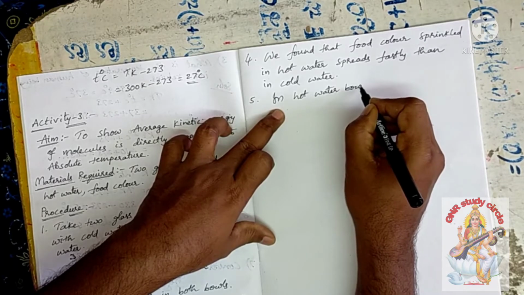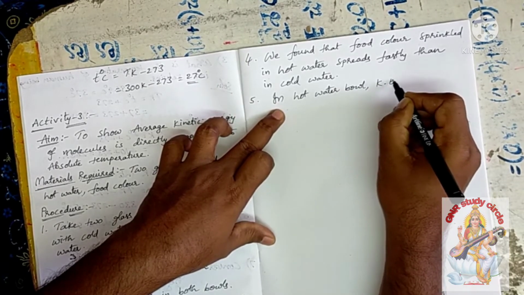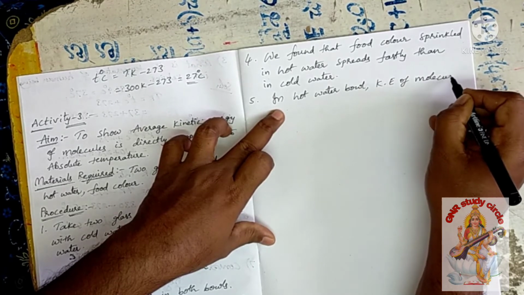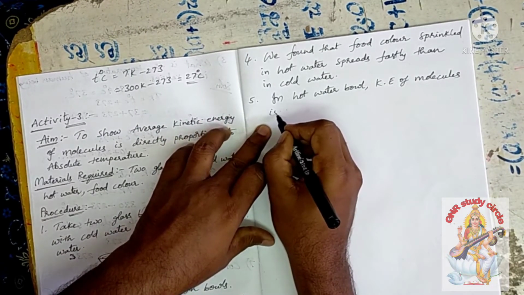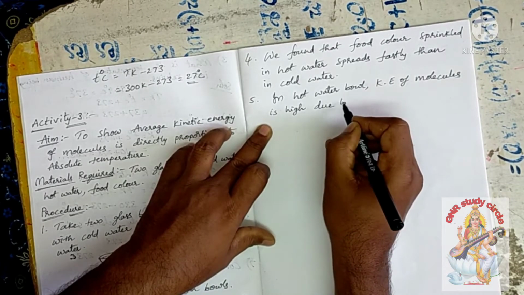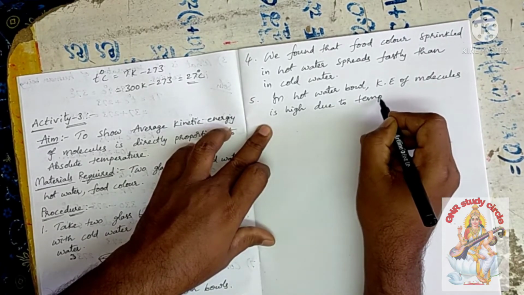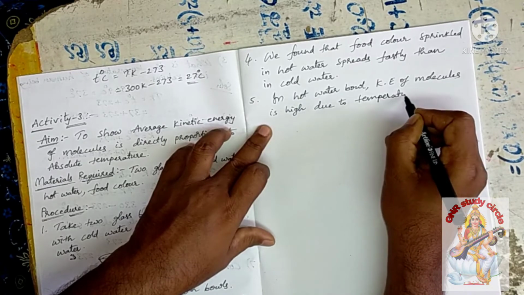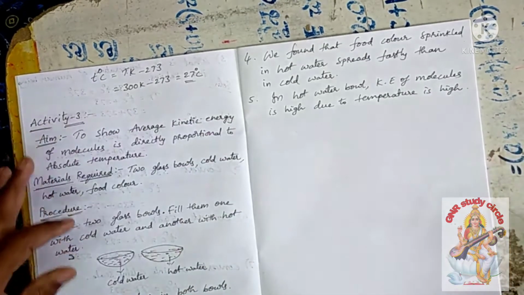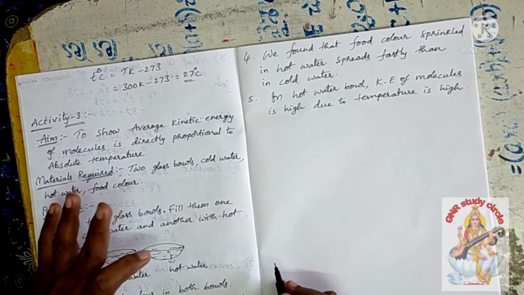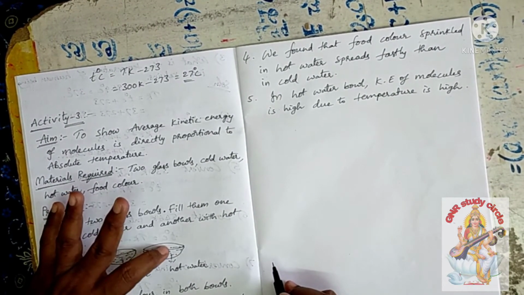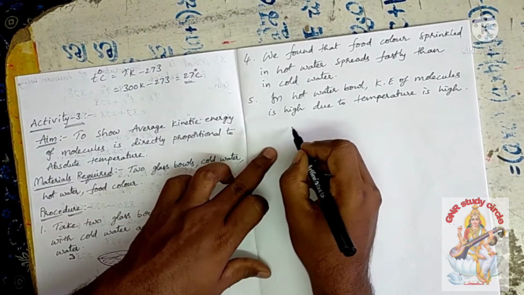or in the hot water bowl, kinetic energy of molecules is high due to high temperature. So in the case of the hot water bowl, temperature is more, so kinetic energy is also more.